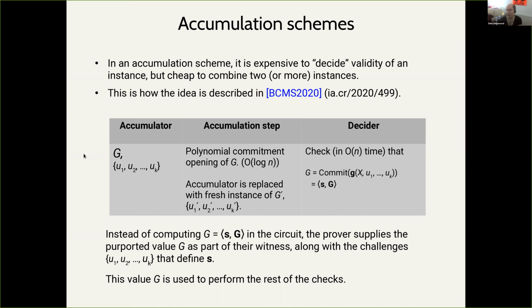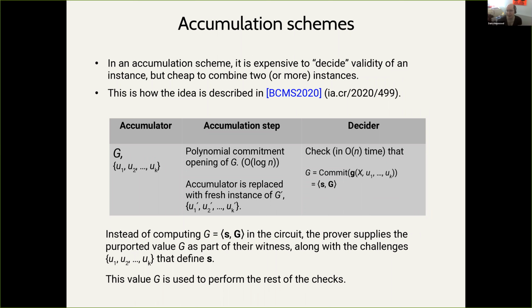So you have some proof system which has a step called the decider, which can be expensive, but you can represent the proof state using this accumulator, which in our inner product-based scheme is this value G, and the challenges U1 to UK.